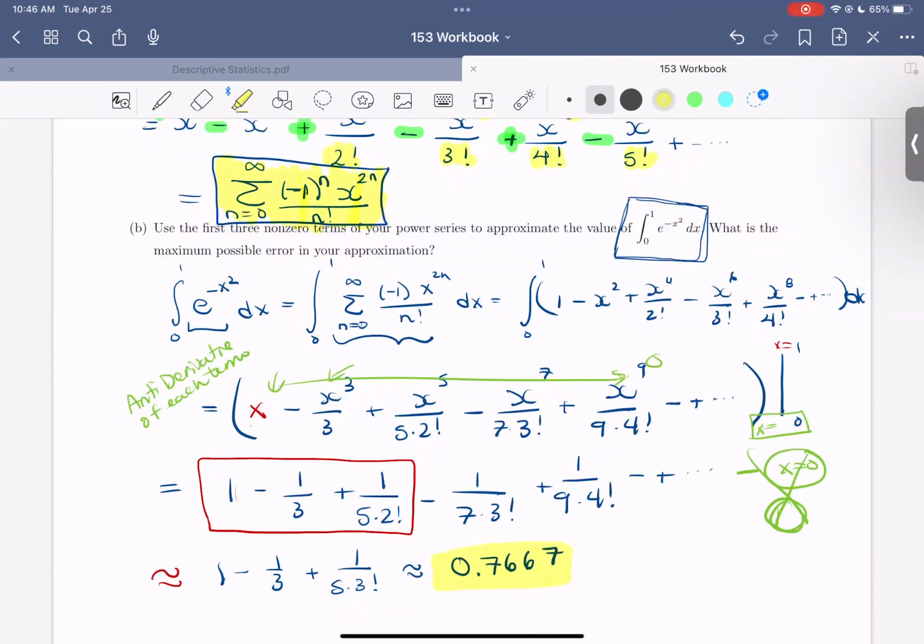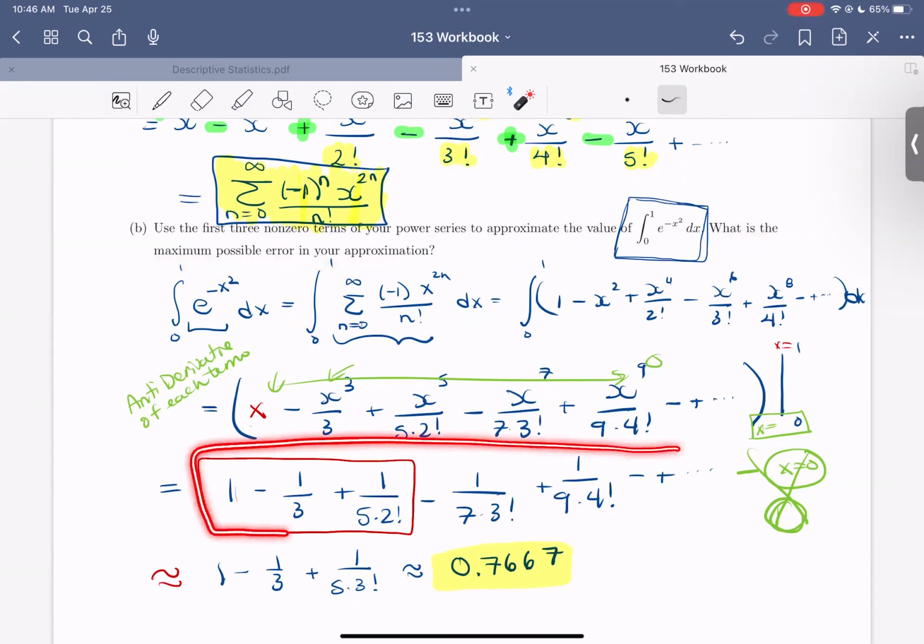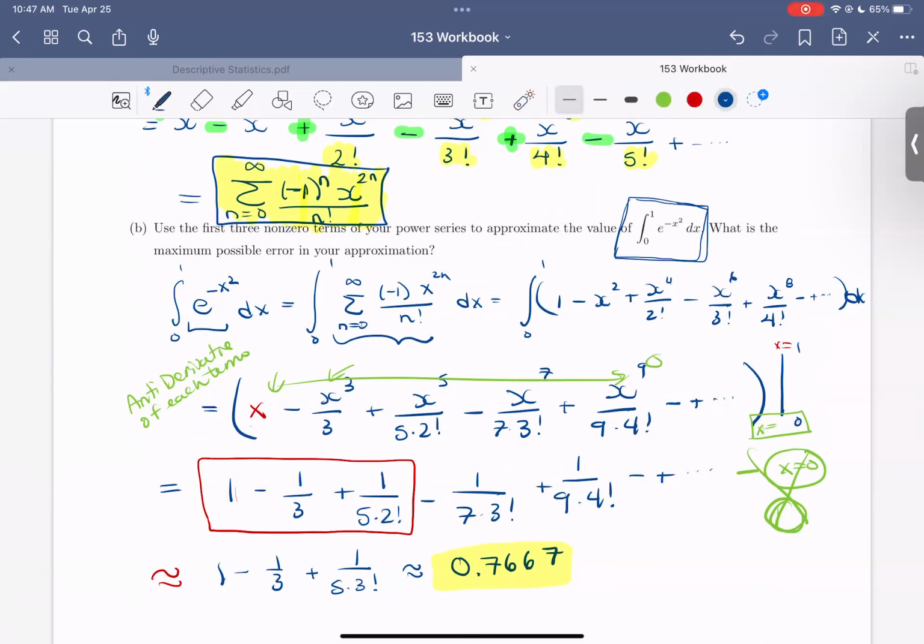And now the second part says, what is the maximum possible error in your approximation? Well, notice if we back up to here, this big sum that we were computing is an alternating series: plus, minus, plus, minus. And what do we know about how well an alternating series approximates the value of a series? Well, we know that the S sub 3 partial sum will be within B sub n plus 1.